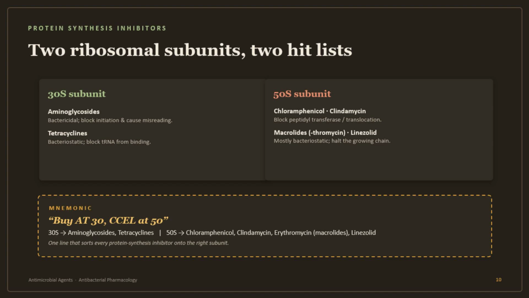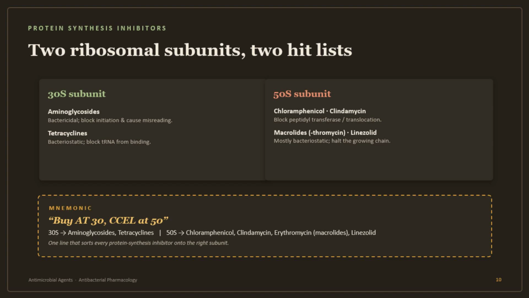On the 50S subunit, we've got chloramphenicol and clindamycin, which block peptidyl transferase and translocation, plus the macrolides, all those drugs ending in thromycin, and linezolid. These are mostly bacteriostatic, halting the growing protein chain.